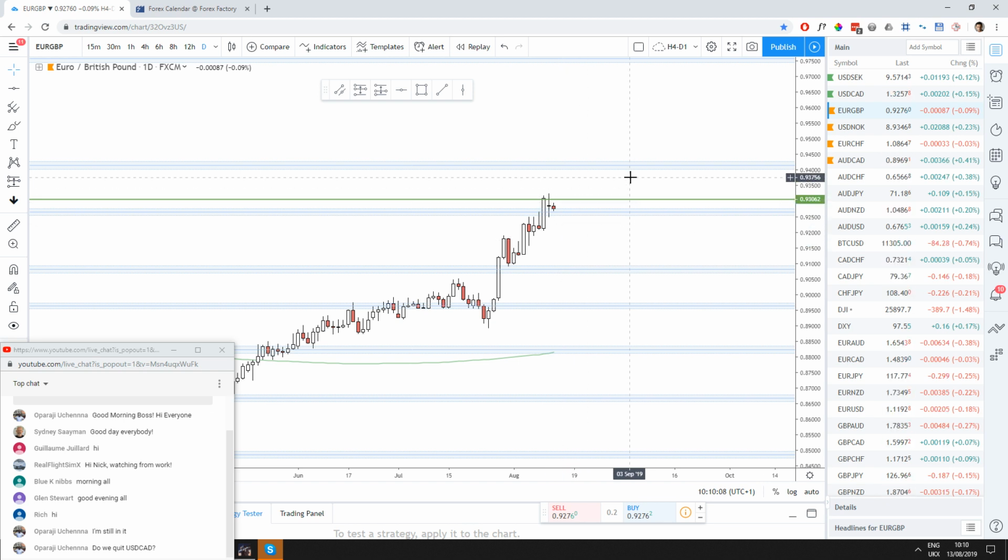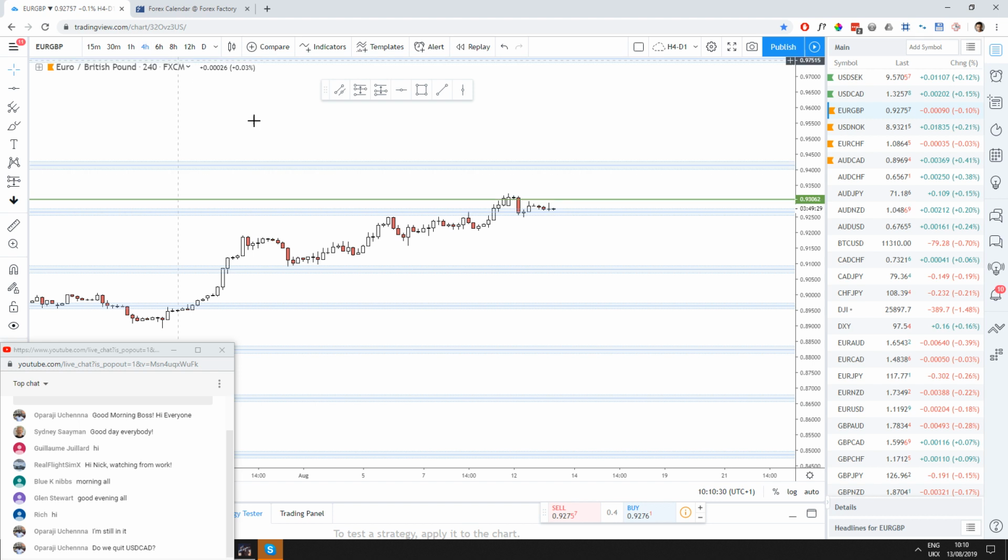Therefore, trading a continuation is a bit risky. Bit risky. But that being said, I mean, it's risky, but I'm still willing to trade it.